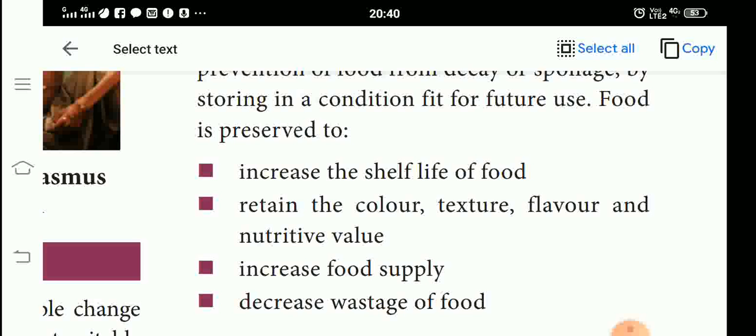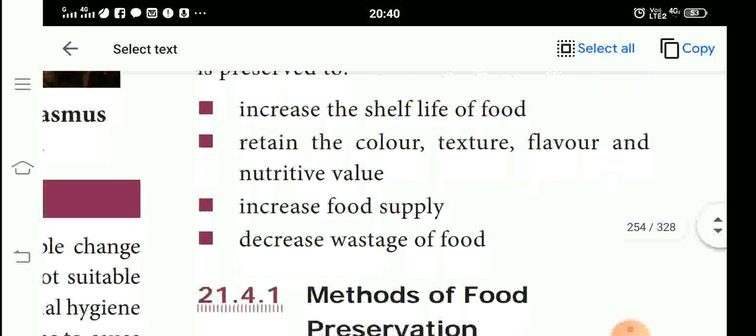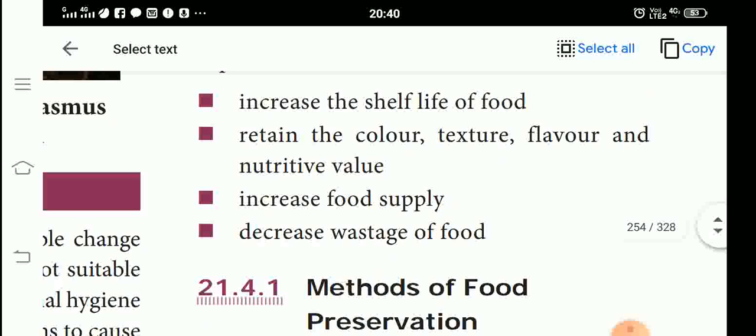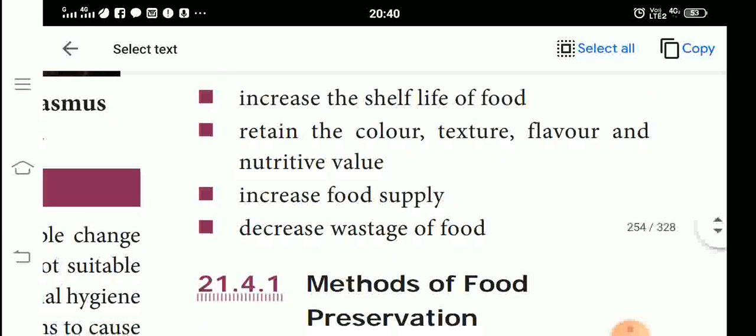If we keep the jam for several months, do we notice any color change? No, the color is as such, the flavor is as such, and the nutrient value is also as such. Then increase the food supply. If we keep the jam for several months, we are getting this jam for several months. No, we are using it.